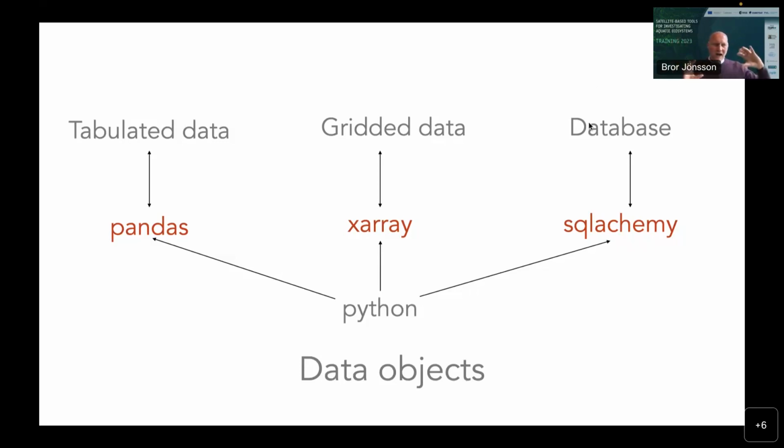If it's very unstructured, then a database is normally the best way of storing the data. Also, if it's very diverse in structure or in coverage, etc. In Python, we use SQLAlchemy for that, for example.